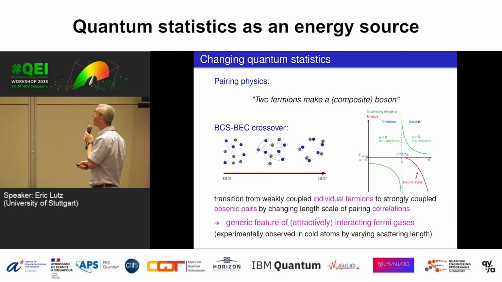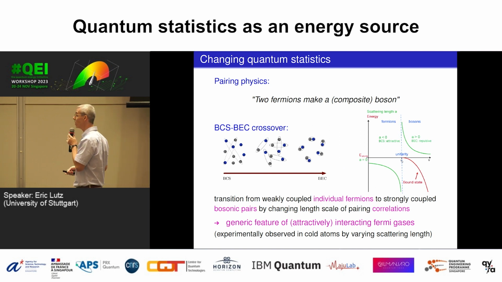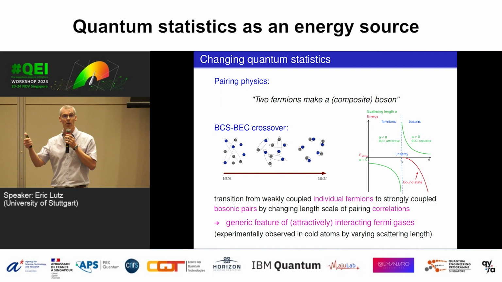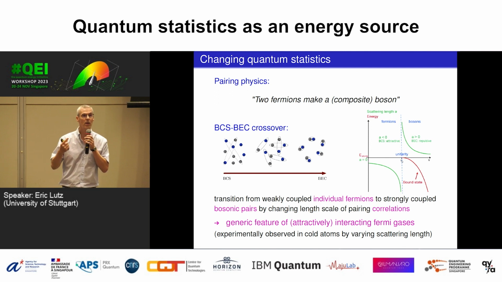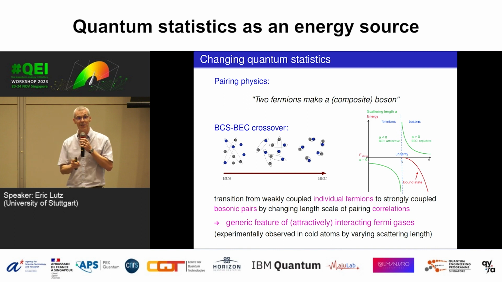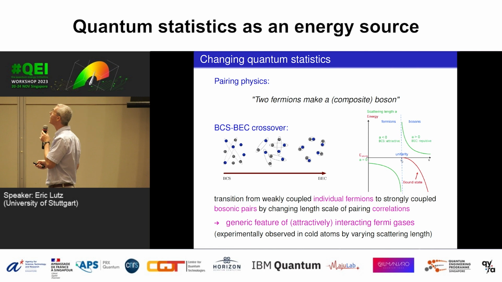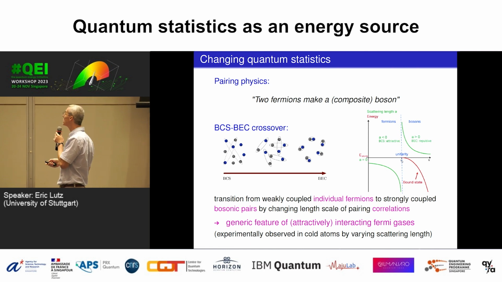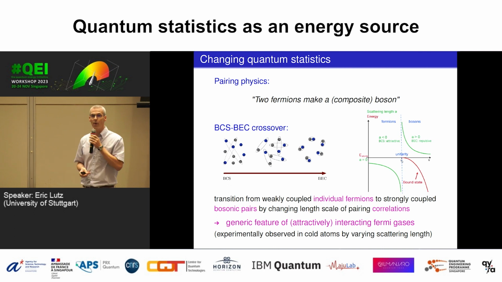So this is actually a generic feature of interacting Fermi gases. This holds true for superconductors, this holds true for excitons in semiconductors, this holds true for neutron stars. Experimentally, the first observations of such a crossover were done in dilute cold atom systems. And this is done by varying the scattering length using so-called Feshbach resonances.